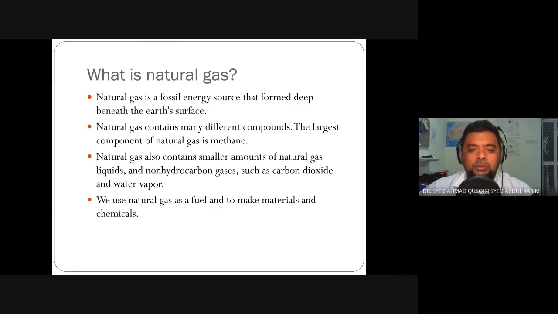Natural gas also contains smaller amounts of natural gas liquids and non-hydrocarbon gases such as carbon dioxide and water vapor. So this needs to be taken out before being sent to consumers. We use natural gas as a fuel and to make material as well as chemical products.